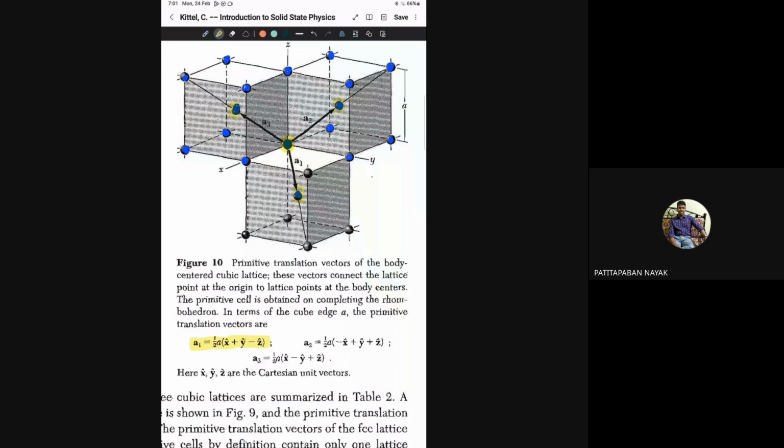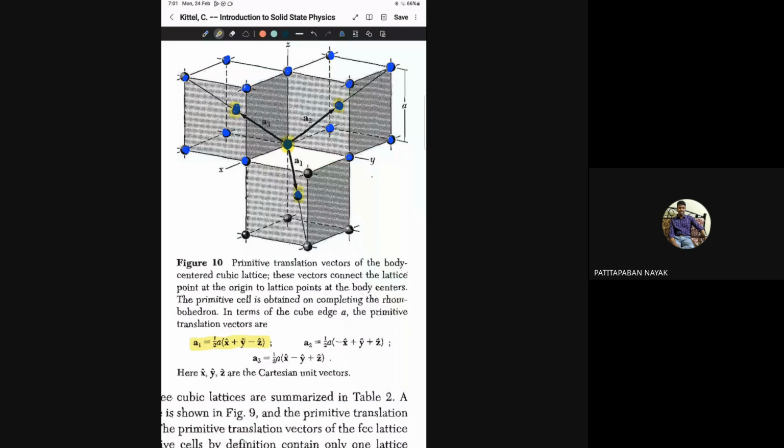No. See, there are two concepts. One is your primitive cell, another is the unit cell. A primitive cell is a cell where atoms exist only at the corners. If we take a unit cell, it could be primitive, base centered, body centered, or face centered.